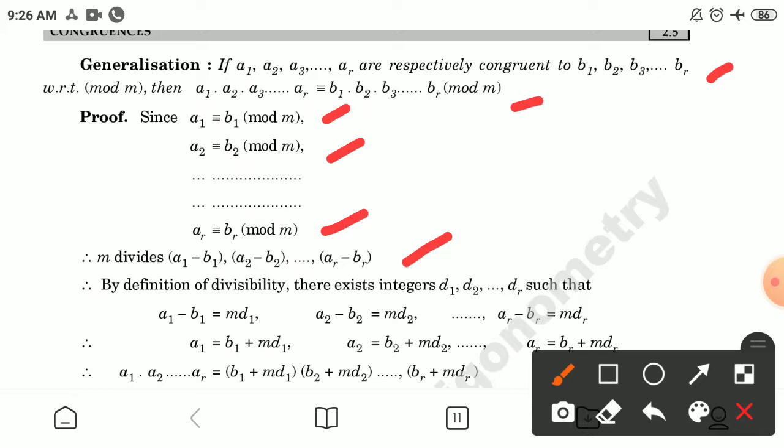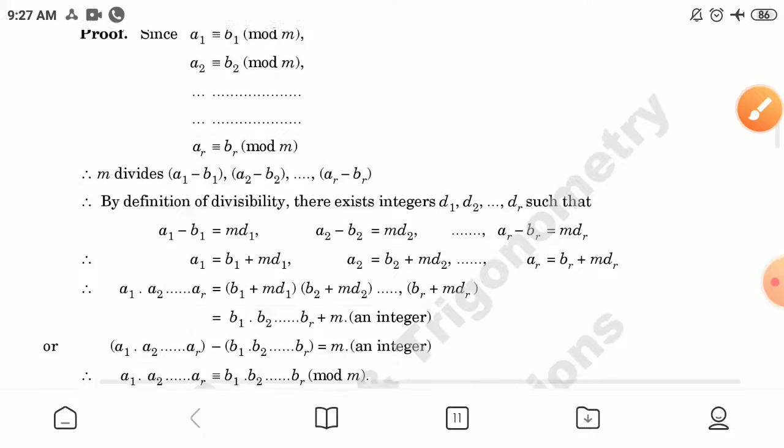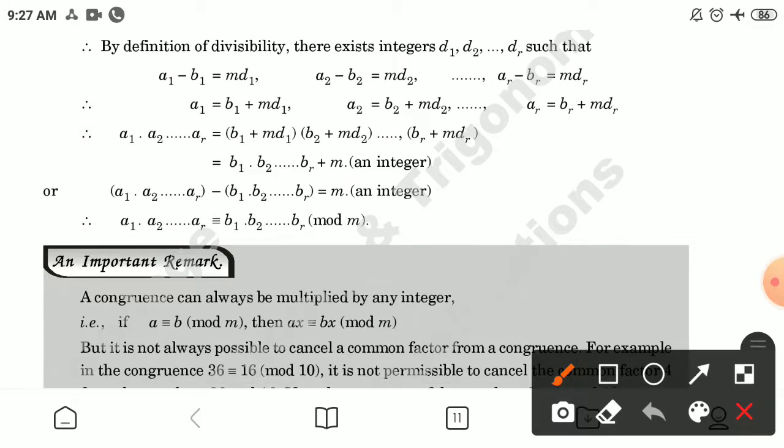Therefore, by definition of divisibility, there exist integers D1, D2, up to DR such that A1 minus B1 is equal to MD1, A2 minus B2 is MD2, and AR minus BR is equal to MDR. Therefore, A1 is equal to B1 plus MD1, A2 is B2 plus MD2, AR is equal to BR plus MDR.